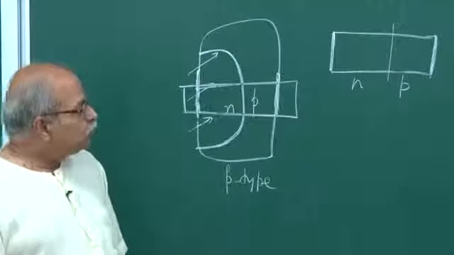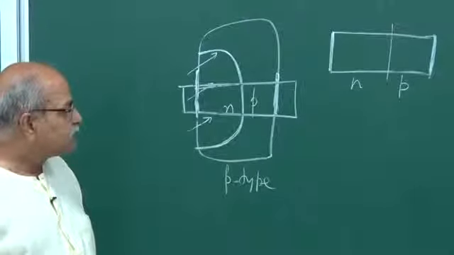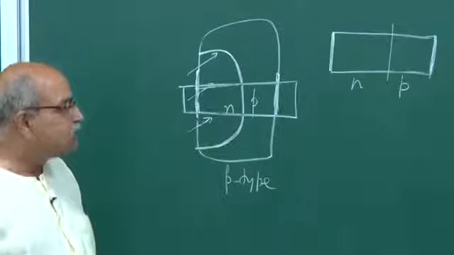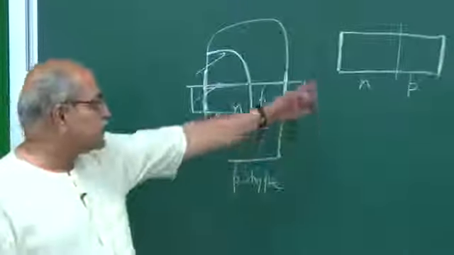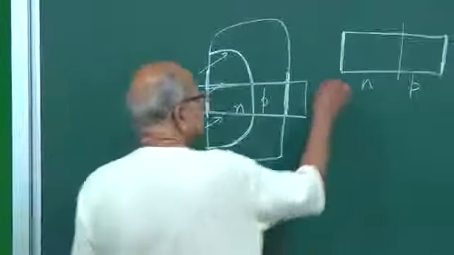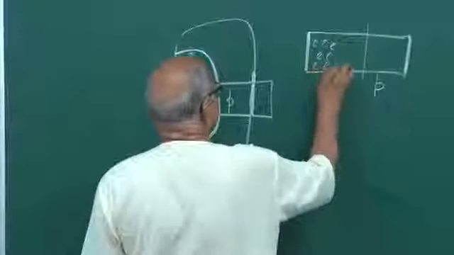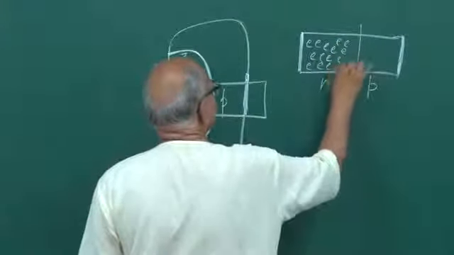Now, if you do create this kind of a p-n junction, it is an absolutely unstable situation, because this is n-type. What does it mean? It has a large number of conduction electrons, because of those pentavalent impurities.